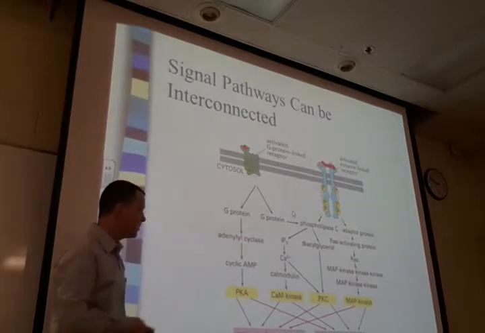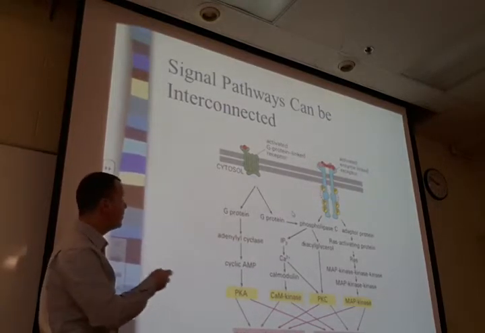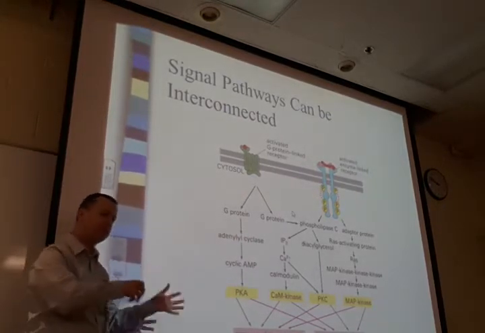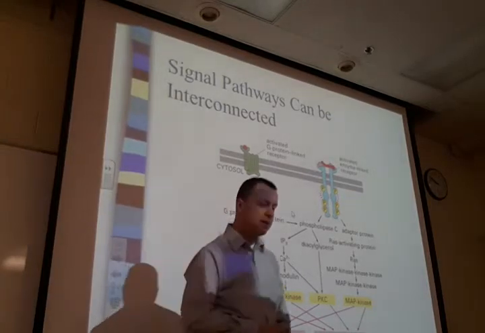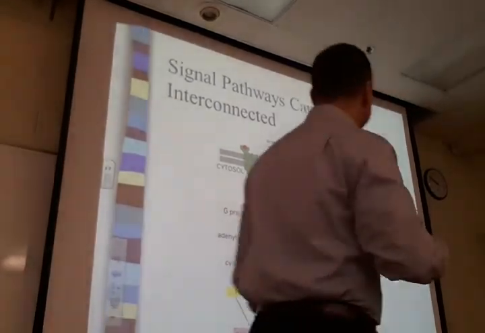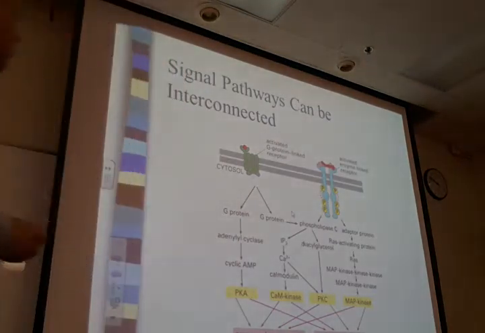So that's really all that this is trying to show us, that what we've been studying as separate things are often interconnected. If you ever look at this in more detail in future classes, you'll see that very clearly.